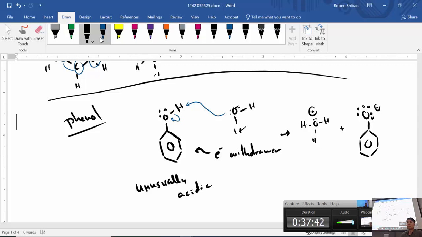What do you think the conjugate base of phenol is called? Well, I'll just tell you. Phenoxide. The "ide" ending. So that's it. The same thing with alcohols. What do you think the conjugate base of ethanol is called? Ethoxide.